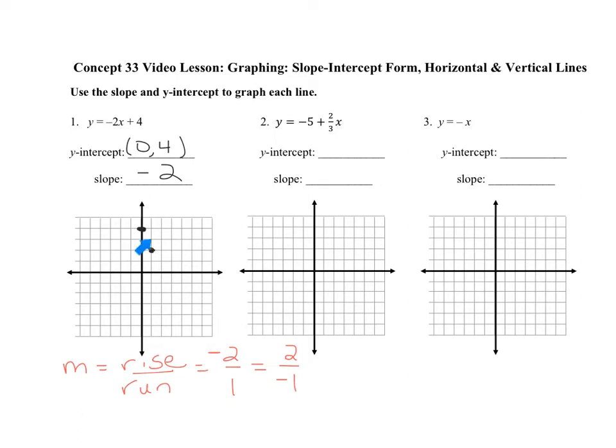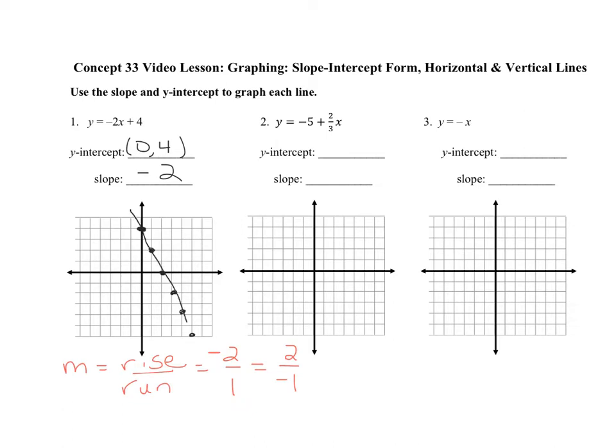I'm going to count down 2 again, down 1, 2, to the right 1, because 1 is a positive direction. I'm going to put another point right there. And then you just keep doing it. Go down 2 to the right 1, down 2 to the right 1, down 2 to the right 1. Now, then you have your line.